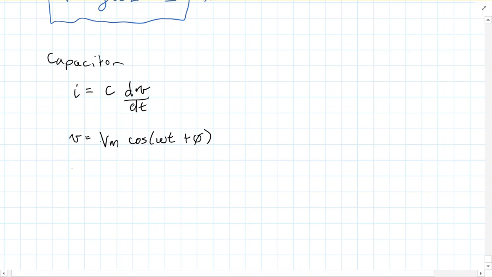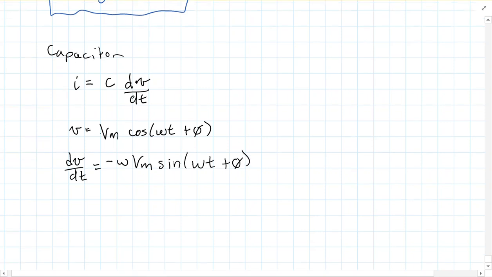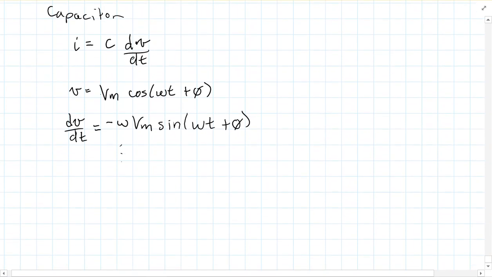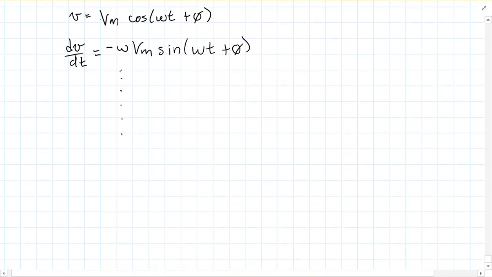You take your derivative. So taking the derivative, you'd have derivative of the voltage with respect to t would be negative omega Vm sine omega t plus phi, and then we just keep going down the exact same process that we did for the previous thing for the inductor.